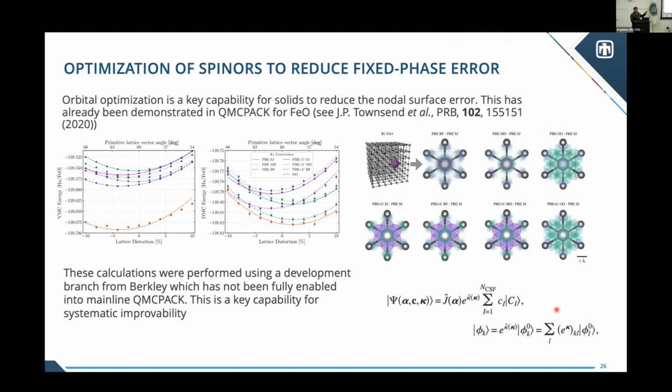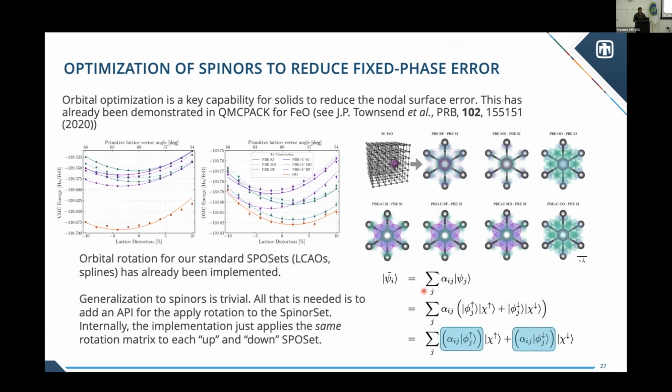I'm going to briefly mention some of the things that we've recently done in QMCPACK to enable more capabilities with the spinor and spin orbit wave functions. One is that we now have orbital optimization almost ready to go. The way orbital optimization works is you apply a rotation matrix to some orbital.